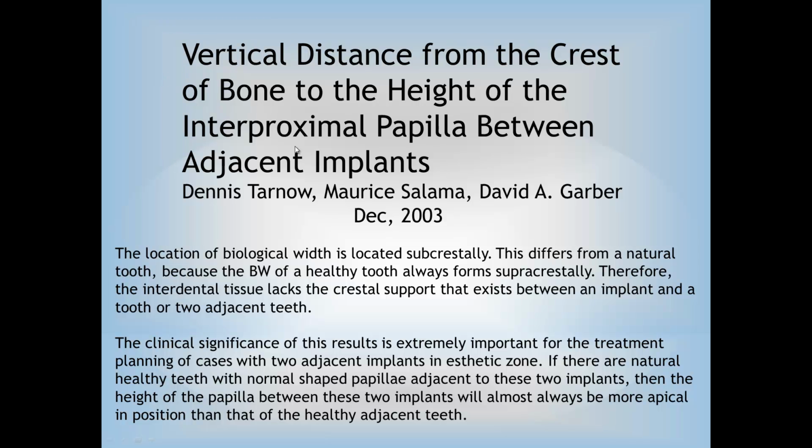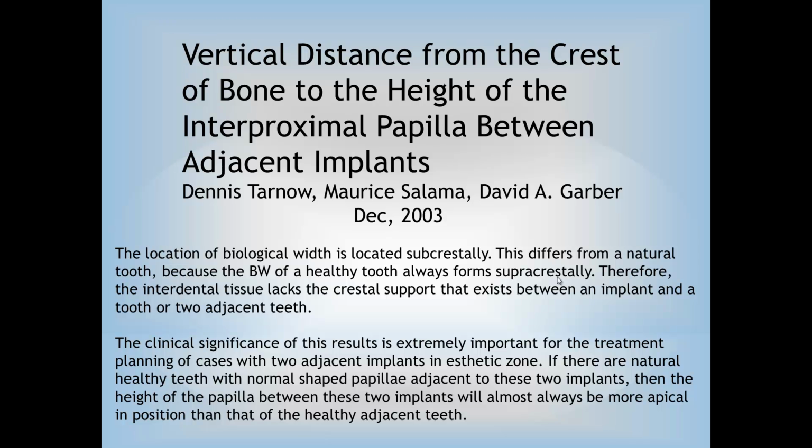There's a study done by Dennis Tarnow, Maurice Salama, and David Garber in 2003, showing that the biological width on the implant is usually located more subcrestally, unlike the natural tooth, which is more supracrestal. That's because when we place the implant below the margin of the bone, there's a connection between the abutment and the implant, and the biological width usually starts developing below the connection between the abutment and the implant itself.